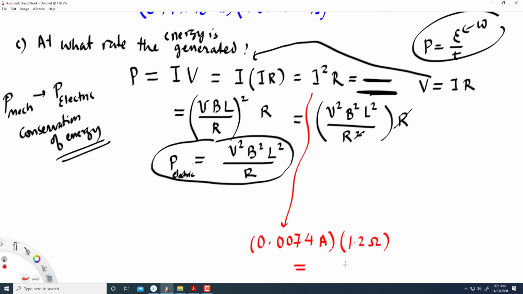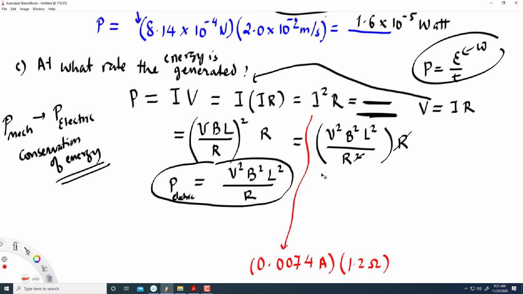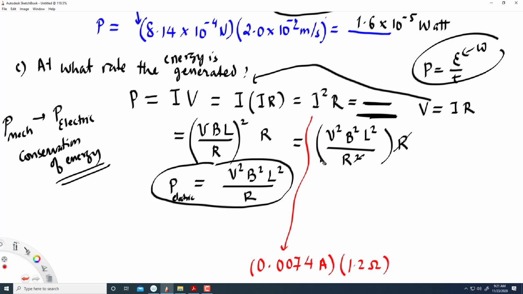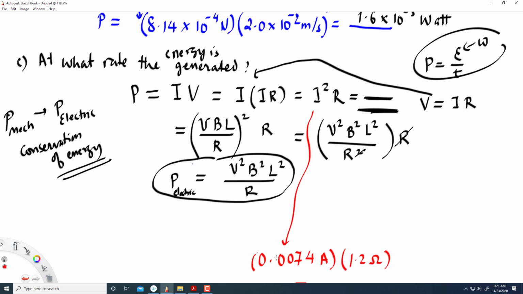When you do that, what do you get? You should get the same answer as our first one. That's good. So you get 1.6 times 10 to the negative 5. It's not 0.0074. No, it's not. You got 1.4.